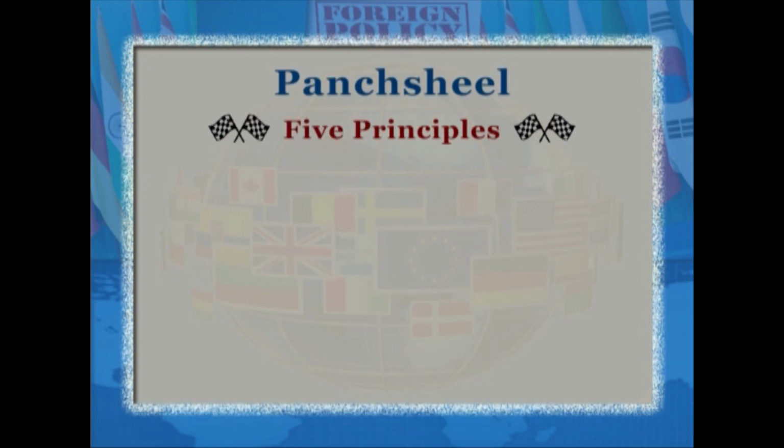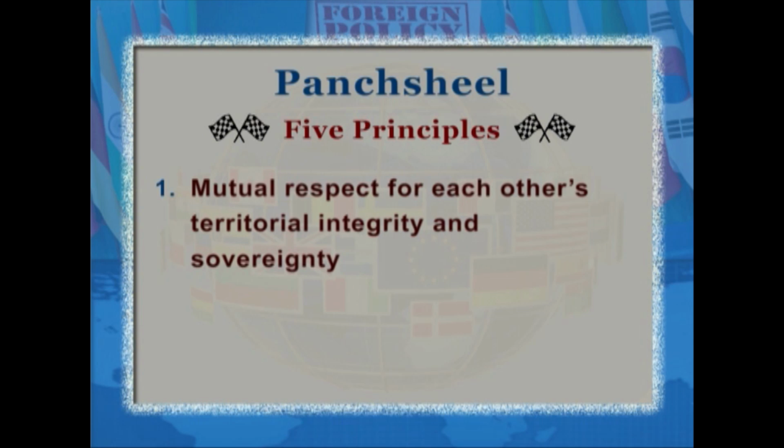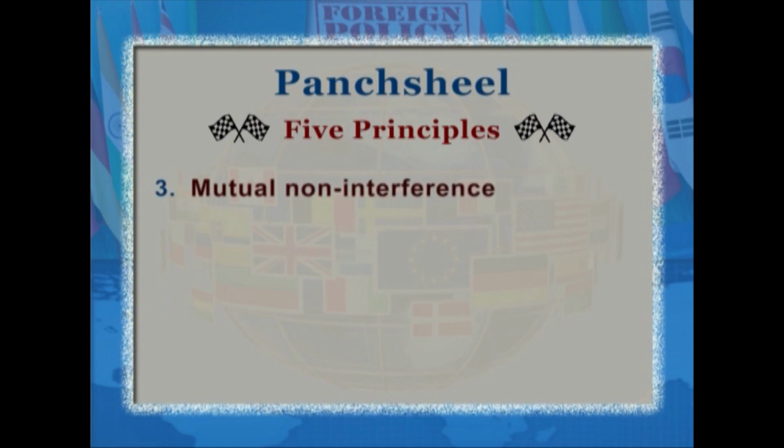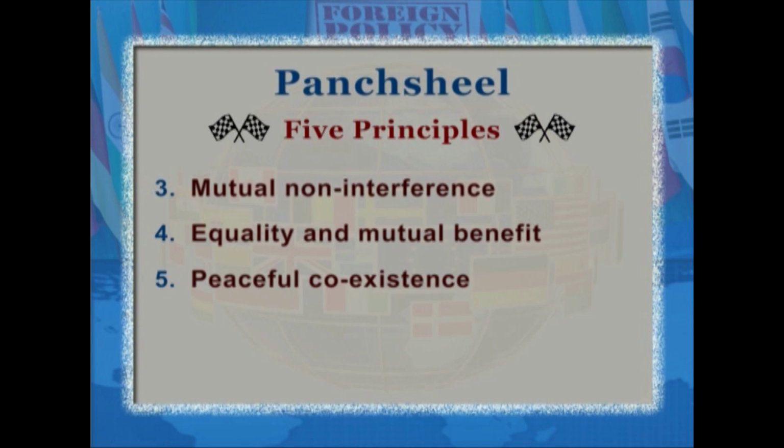The 5 principles of Panchsheel are: first, mutual respect for each other's territorial integrity and sovereignty; second, mutual non-aggression; third, mutual non-interference; fourth, equality and mutual benefit; and the last, peaceful coexistence.